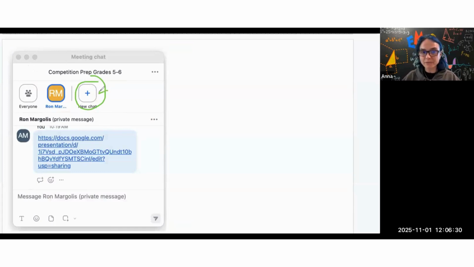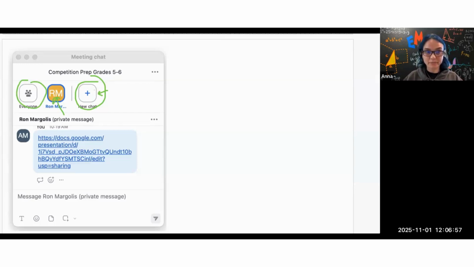You open this plus button and then you have a list of who you can add and who you want to chat with. So if we're chatting answers to a problem, don't put it in the main chat so people don't see your answer. Just go to Ron's chat, Ron McGarlis, or it probably will show you just Ron. And that's it.